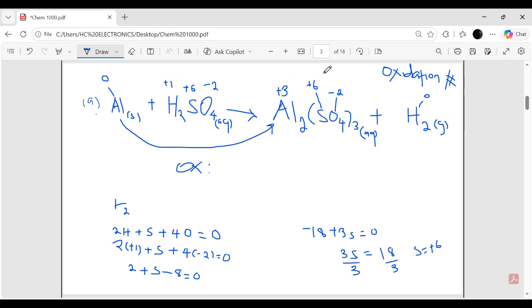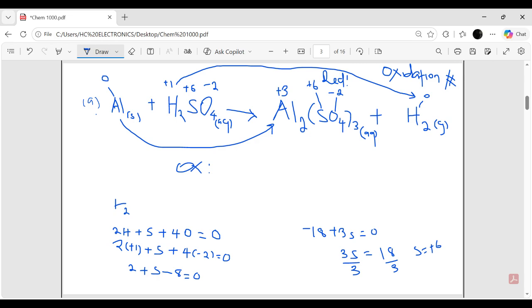Hydrogen was +1 and has become 0. The oxidation state has decreased from +1 to 0, meaning this is the reduction process.